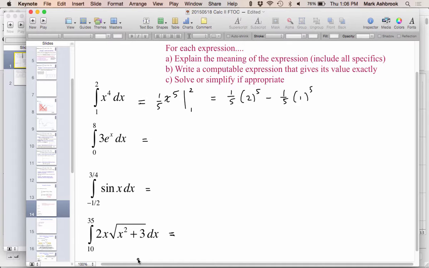So what we want to think about is, okay, you just did the chain rule and you got that. So what was the function that gave you that as its derivative?